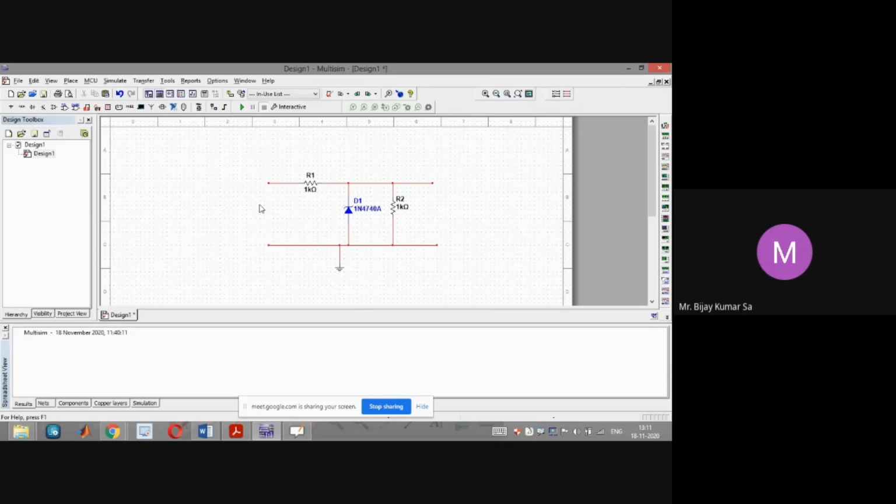Otherwise, you should always keep in mind that this is not a purely DC signal that is given to a voltage regulator. It may or may not be a pure DC signal. So this signal can have ripples, but we want to minimize those ripples by regulating using this voltage regulator.